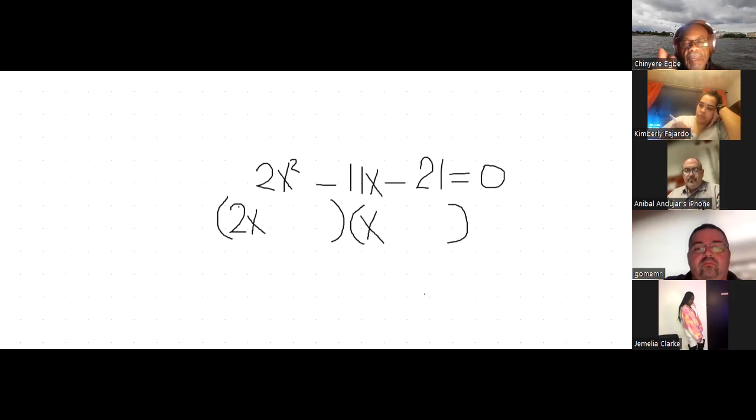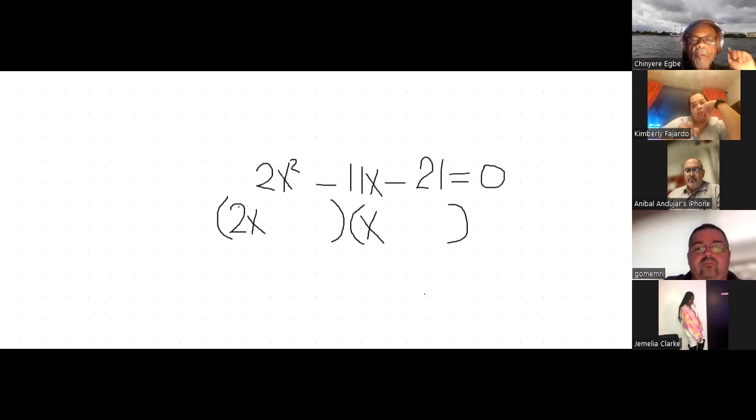So 7 and 3 will go into one of these equations. Okay? 7 and 3 will go into one of these equations in such a way, and you have to combine them with the x, the 2x here and the x here, so that the sum of your multiplications will give you the middle value here. Okay.